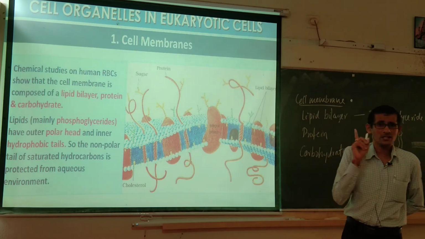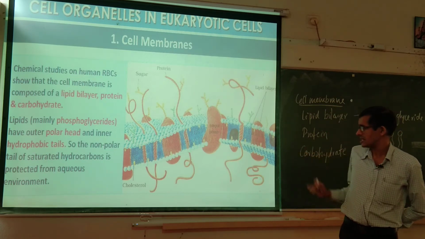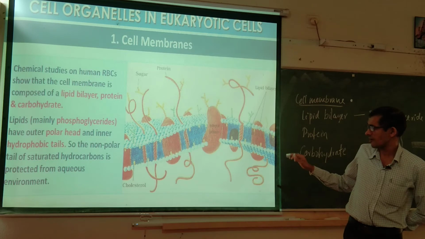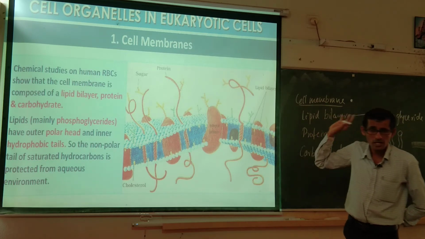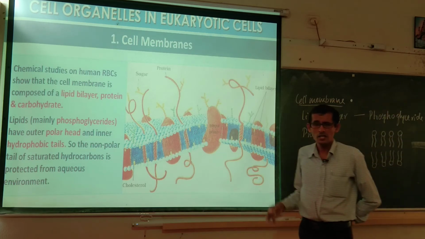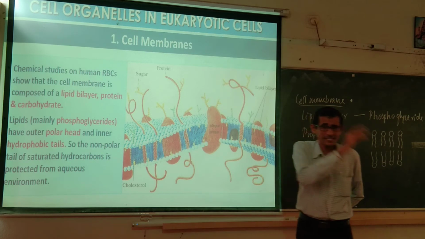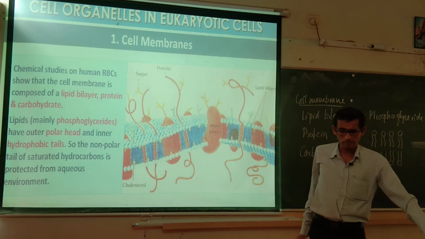Saturated means where double bonds are not observed in the chemical structure. Saturated hydrocarbon is protected from the liquid environment, meaning it has a hydrophobic nature. That hydrophobic nature gives a water-repellent nature to that particular membrane.